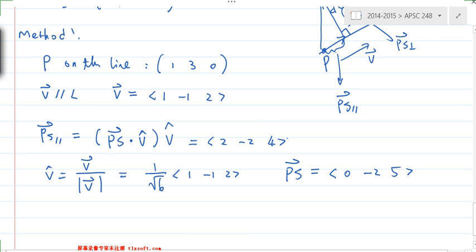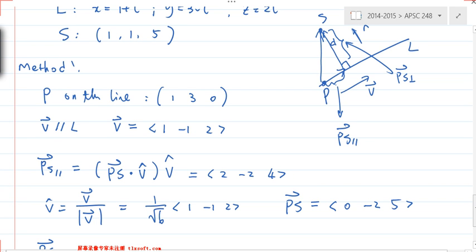So that's the projected vector in the direction of V hat, or in the direction of the line. Okay. So the next step, calculate PS perpendicular. PS perpendicular equal to what?